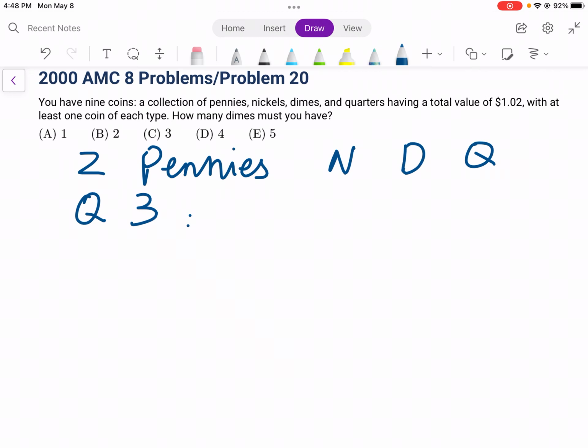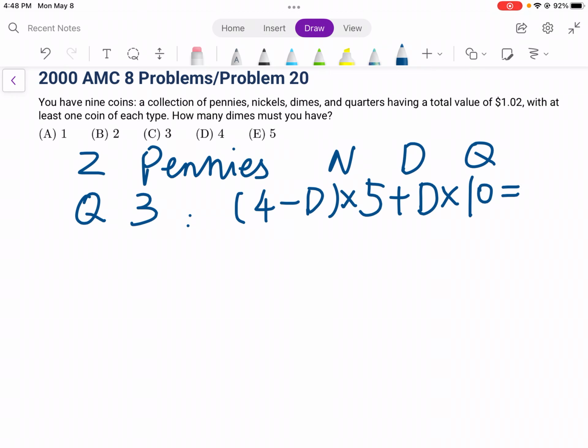And we can calculate their value: the number of nickels is 4 minus the number of dimes, multiplied by the value of each nickel, which is 5 cents, plus the number of dimes multiplied by the value of each dime, which is 10 cents, equals 25 cents.